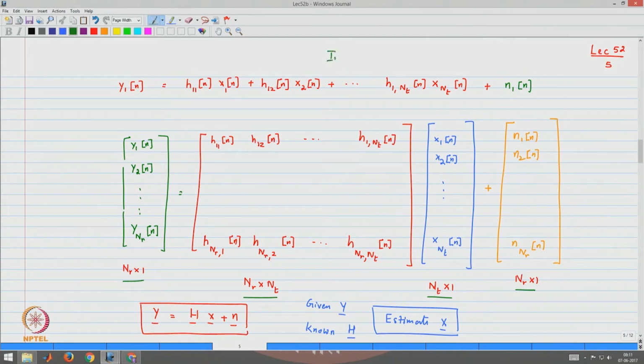We have noticed that this could be described as inter-antenna interference. When I am trying to detect the symbol transmitted by antenna 1, I find that the signals from the other antennas are also interfering. However, notice that there are multiple observations in which the contribution of x1 is present.